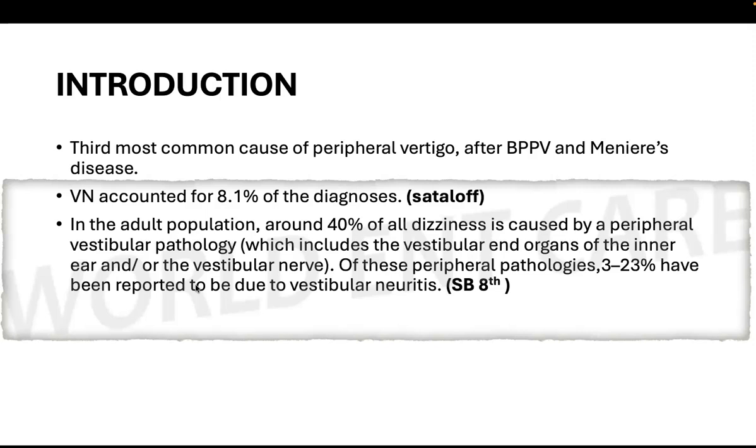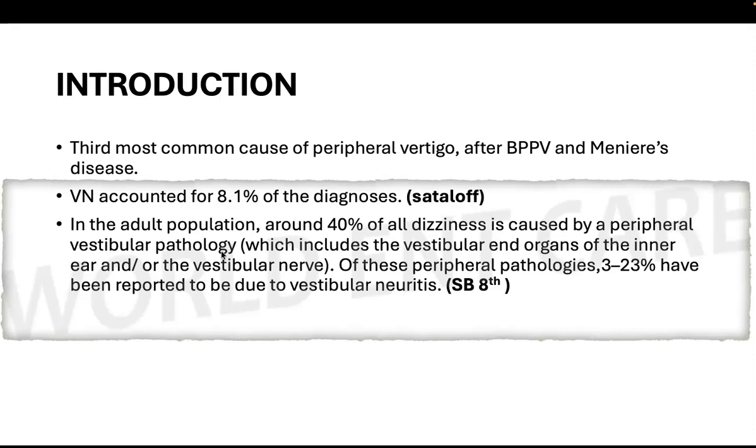Now, in the adult population around, and this is as per the Scott Brown 8th edition, these two lines are as per Sataloff. In the adult population, around 40% of all dizziness has been caused by peripheral pathology, which includes the vestibular end organs of the inner ear and or vestibular nerve.